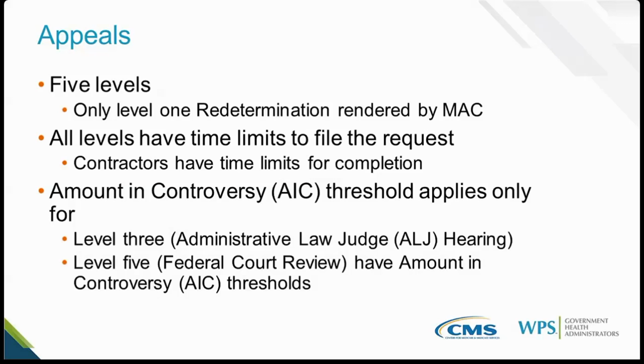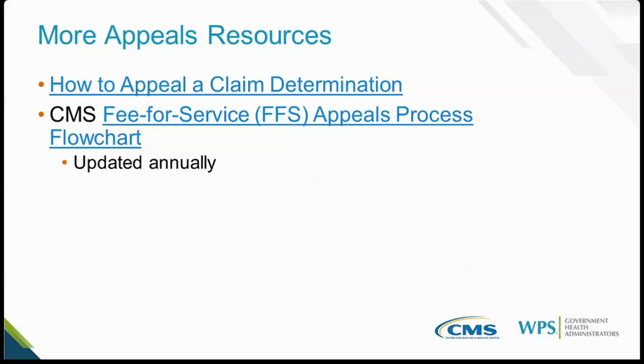I talked to you about that helpful resource out on our website called How to Appeal a Claim Determination. I've included the link here on this slide for you, but also one of my absolute favorite appeals process helpful resources, and that is a flow chart. It is one that's updated annually by CMS. I've included the link to it.